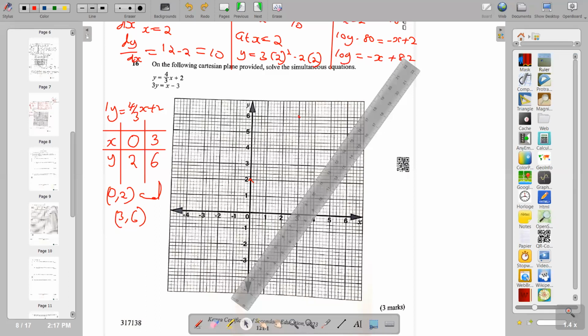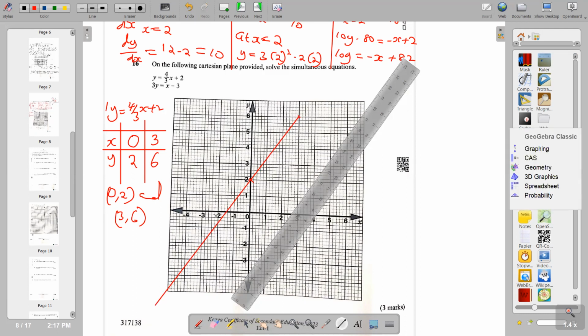You're going to draw a straight line. And then you write the equation of that line. Don't forget to write the equation.